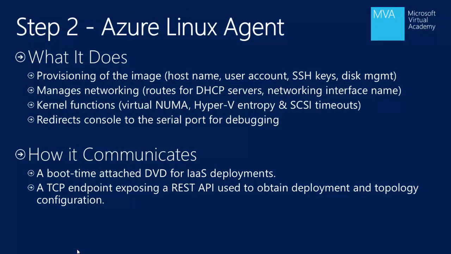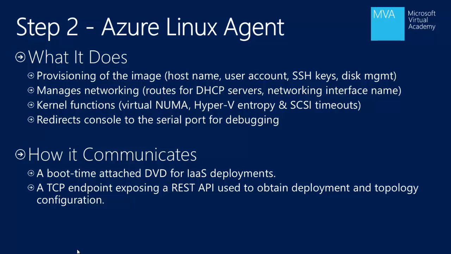So we virtualize our Linux operating system on Hyper-V. What's the next step? Step 2, we need to install the Azure Linux agent inside this VM. The Azure Linux agent does more or less everything, from provisioning the image to redirecting the console to a serial port for debugging.